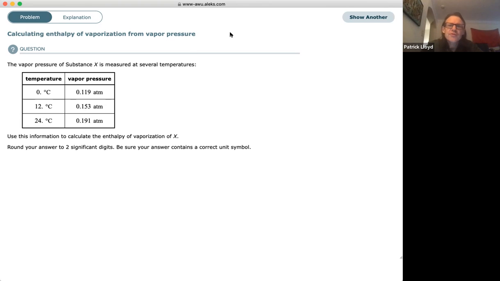And what I'm going to do, stop share, I'll put that data up here, is I'll recreate this table. So I'm going to put the temperature in degrees C. And so we have 0, 12, and 24.